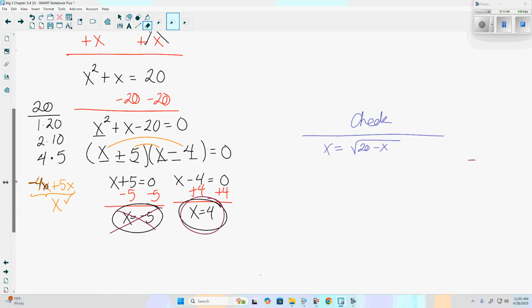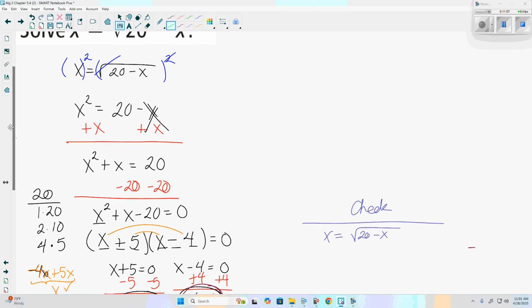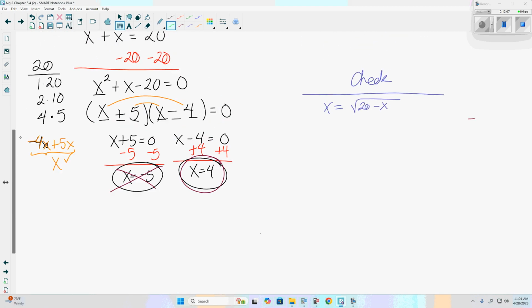Now, I'm going to change this problem just a little bit. I'm going to say negative x equals the square root of 20 minus x. Funny enough, this actually doesn't change a whole lot, because here we would square both sides, and negative x times negative x is positive x squared. So all that holds true.